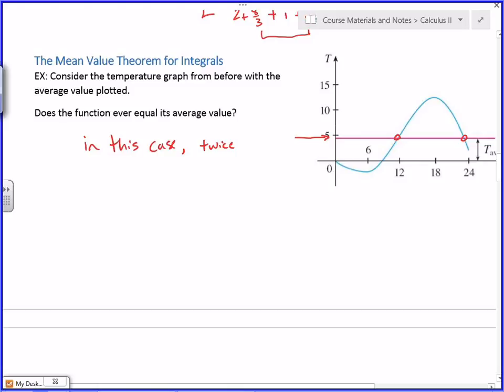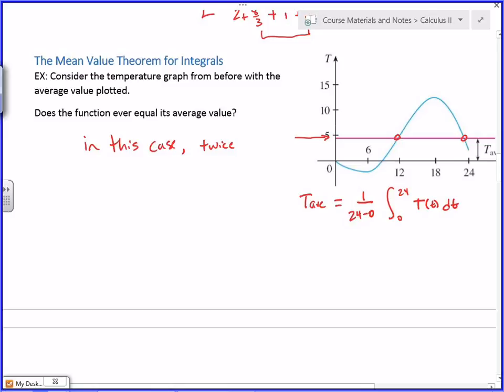What I'm suggesting here is that this T average is 1 over 24 minus 0 of the integral from 0 to 24 of the temperature curve dt. I haven't given you a formula, so you wouldn't actually be able to find it in this case. I'm just telling you, by looking at the curve, that red line is about where the height is.